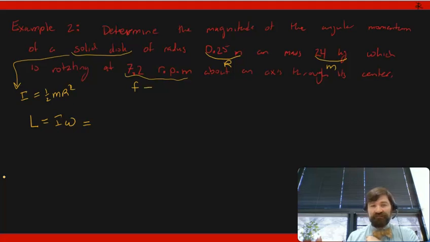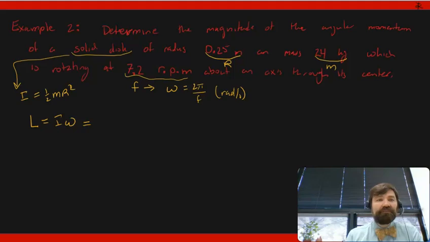And remember that omega is 2 pi times f, but that needs to be in radians per second, and so f needs to be converted to revolutions per second rather than revolutions per minute. So we've got 72 revolutions per minute.